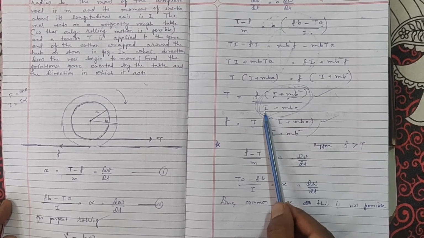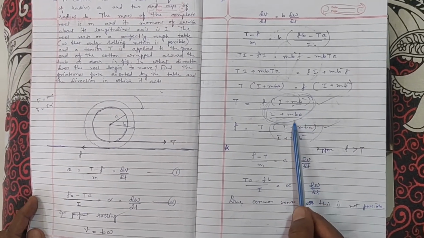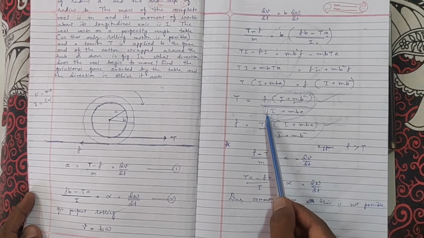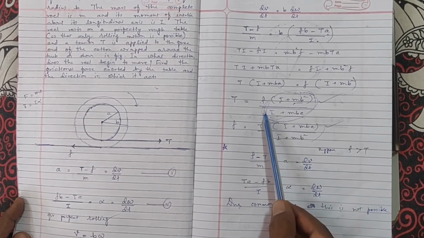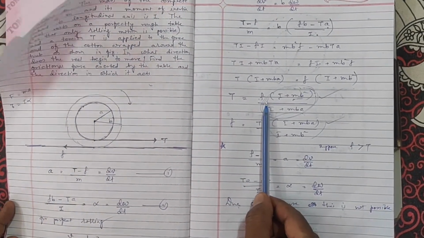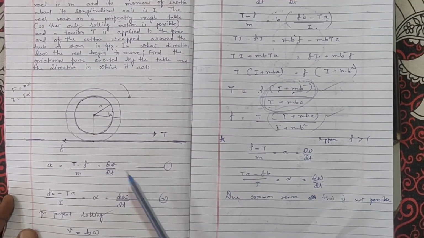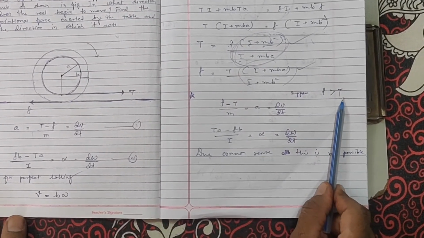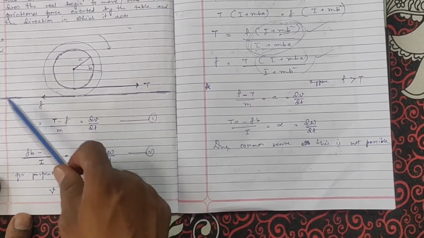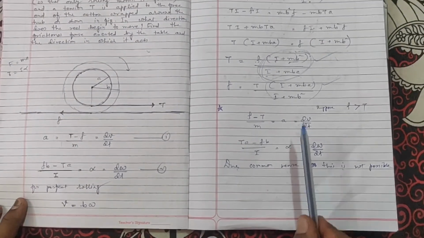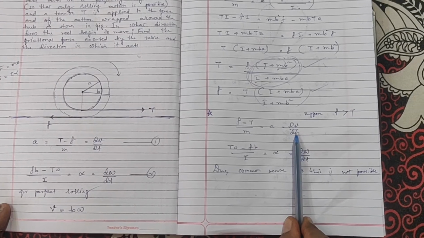But I is the same and MB squared is greater than MbA. So this term is greater than 1. So T must be greater than F. So our supposition is right. But if we suppose F is greater than T, then it should move in backward direction, with backward acceleration dV by dt.